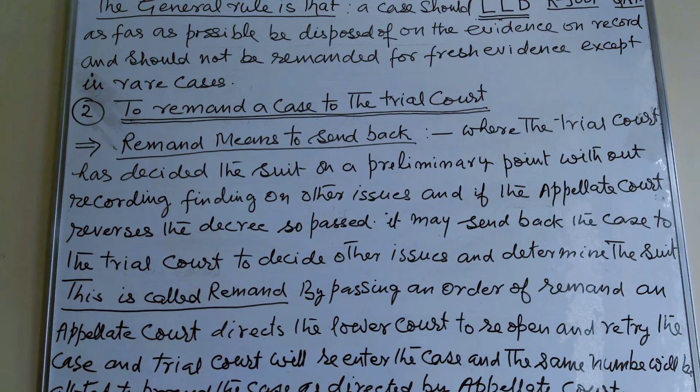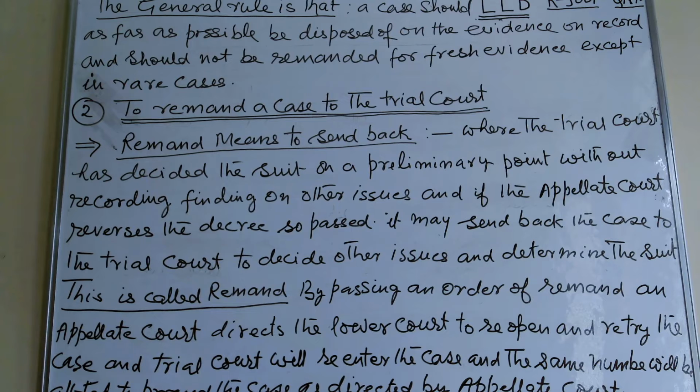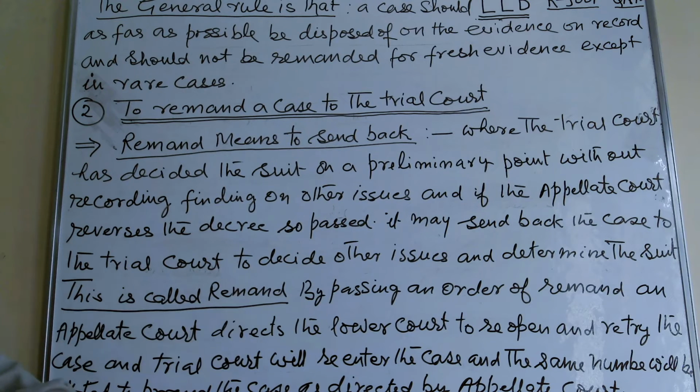By passing an order of remand, an appellate court directs the lower court to reopen and retry the case, and the trial court will re-enter the case. The same number will be allotted to the case, to proceed as directed by the appellate court.